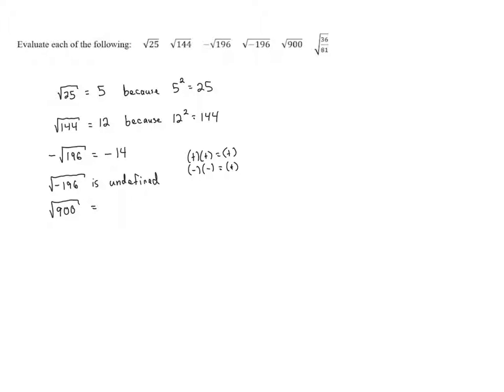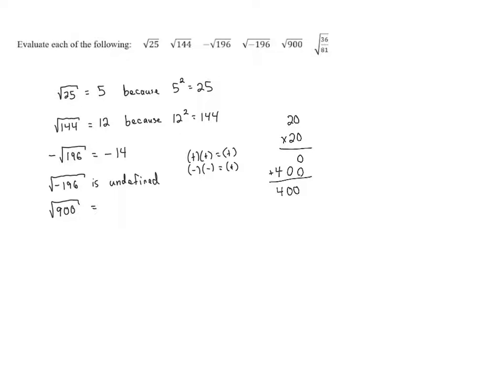Let's try 20. If we take 20 times 20, 0 times anything is 0, so that first row is going to be 0. Then we put in the placeholder. 2 times 0 is 0. 2 times 2 is 4. So we end up with 400. But we need 900, so we need something bigger.